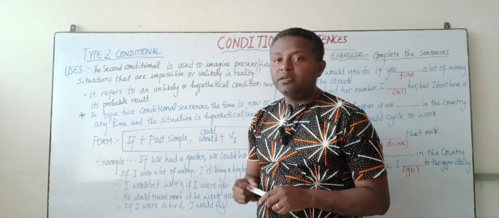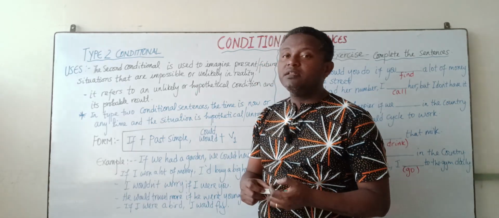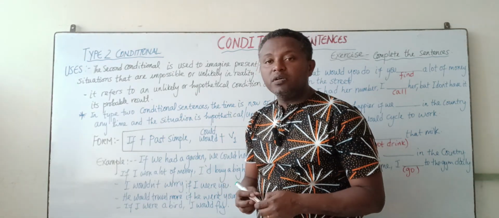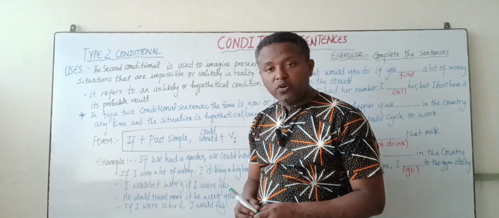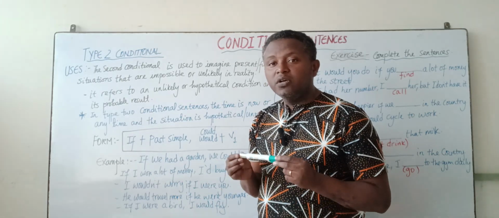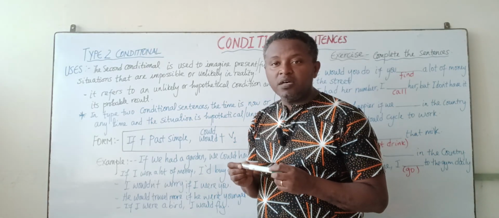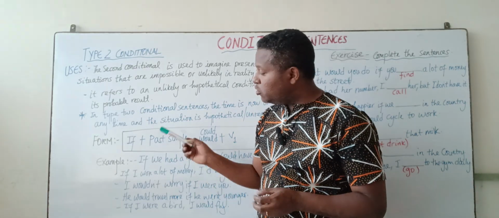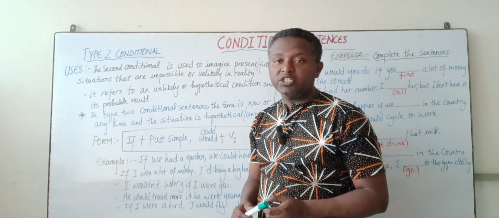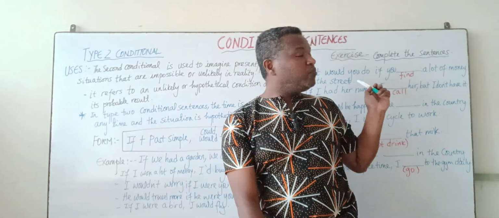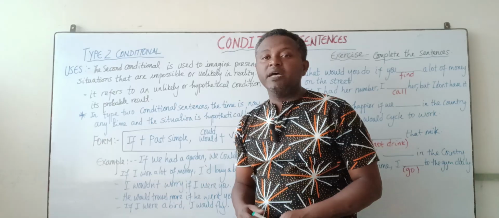Now today we're going to move on to conditional type 2. Conditional type 2, just like conditional type 0 and type 1, has its own uses and its own form, and we'll also see examples, and when we are done with the examples we'll move on to the exercise.